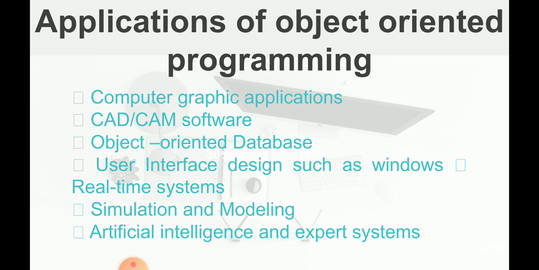Simulation and modeling. Simulation means, you might have seen how planes are taught, or if you have gone to learn four-wheelers, first they don't directly give you the car, they give you the simulator.